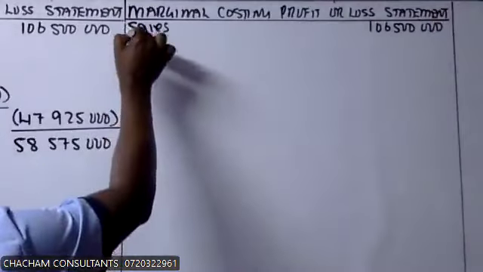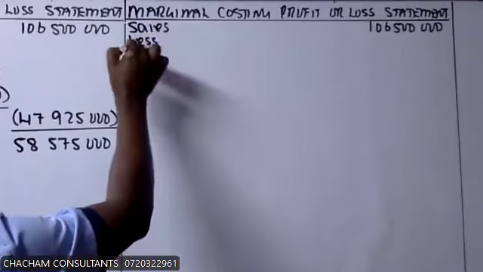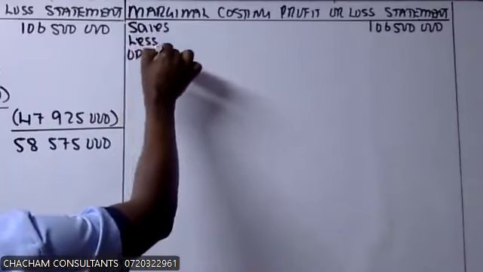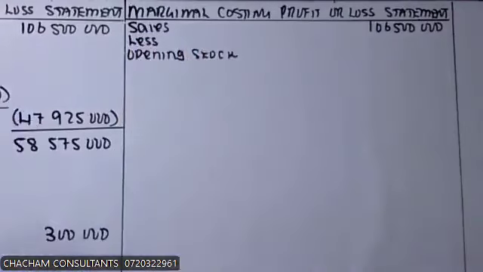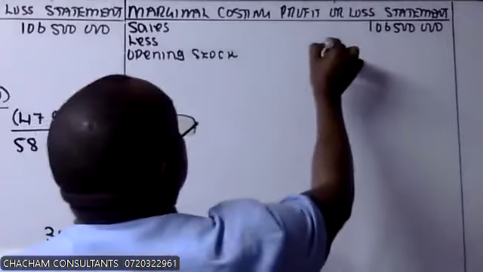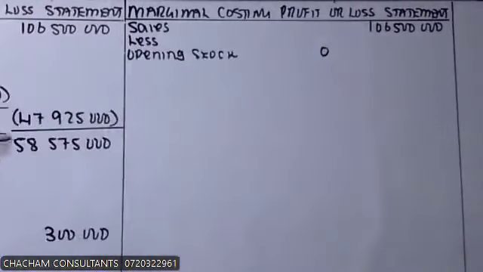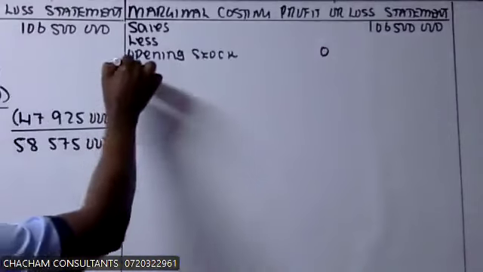Then you less opening stock. Opening stock remains the same, it was 0. Then we go to production.